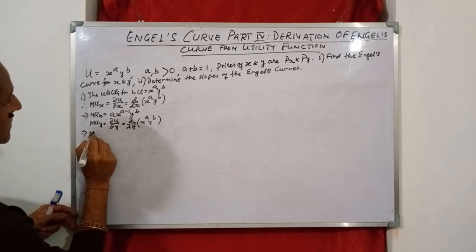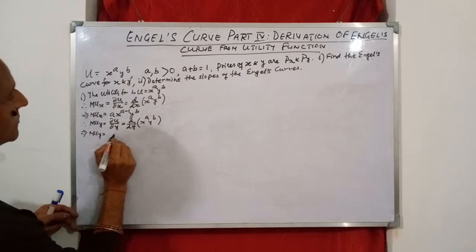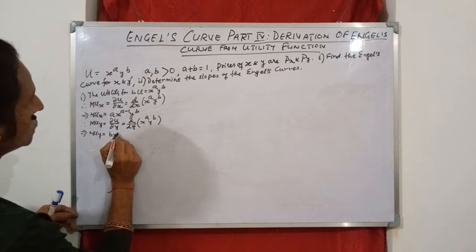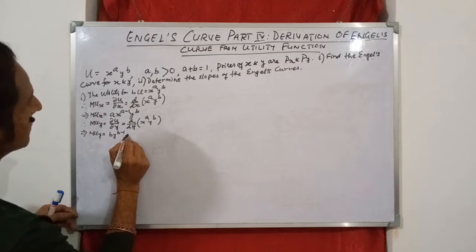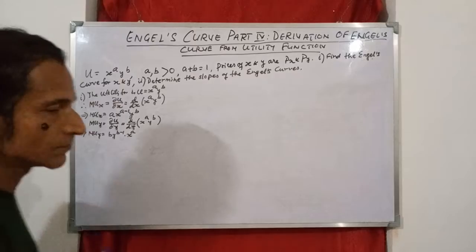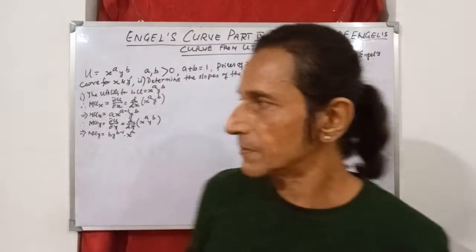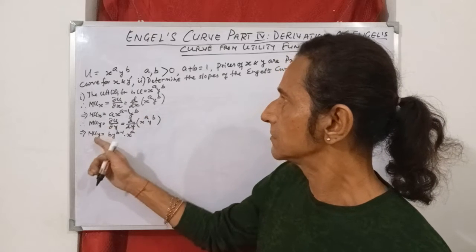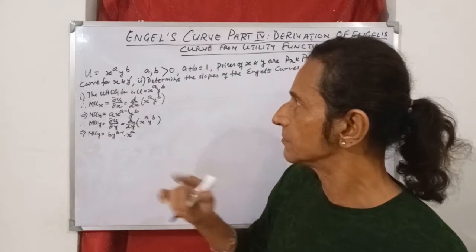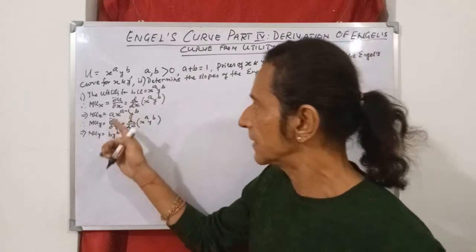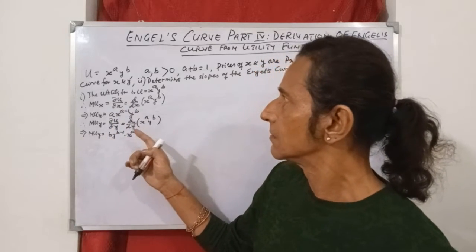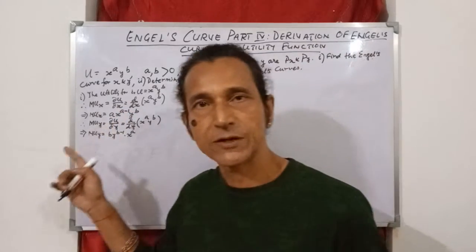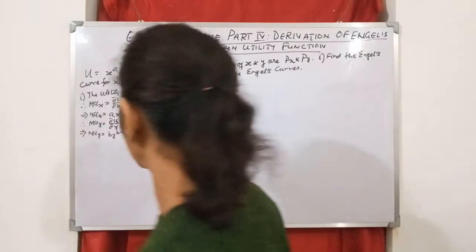This gives us mu y equals b y to the power b minus 1 x to the power a. So we have computed the marginal utility of x and marginal utility of y by differentiating u with respect to x and y respectively.